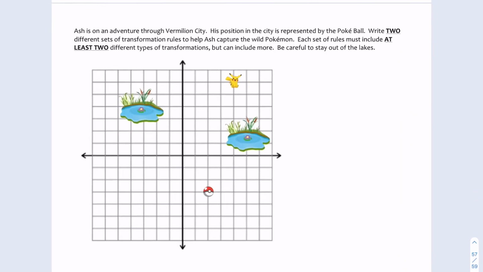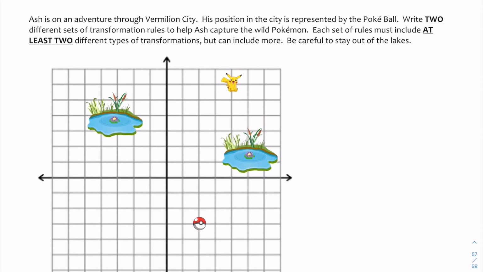So this one is 2 different sets of transformation rules to help Ash capture the wild Pokemon, but you got to stay out of the lakes. So your location can go anywhere. It just has to be 2 unique ones that gets the Pokeball over to Pikachu.